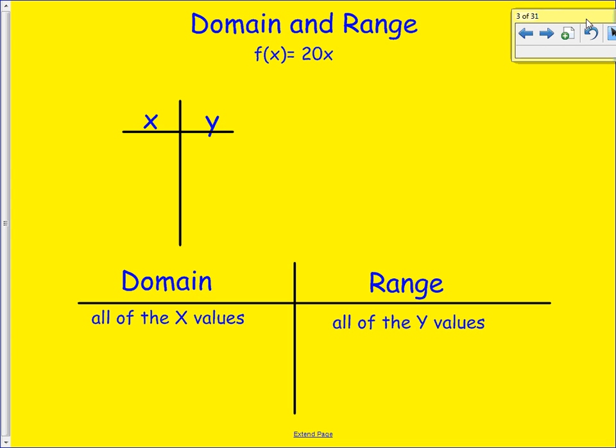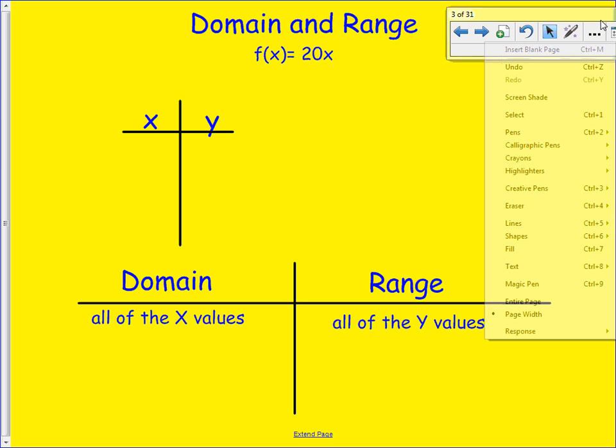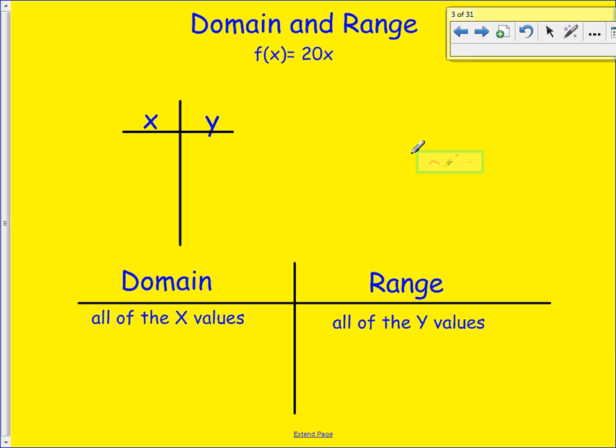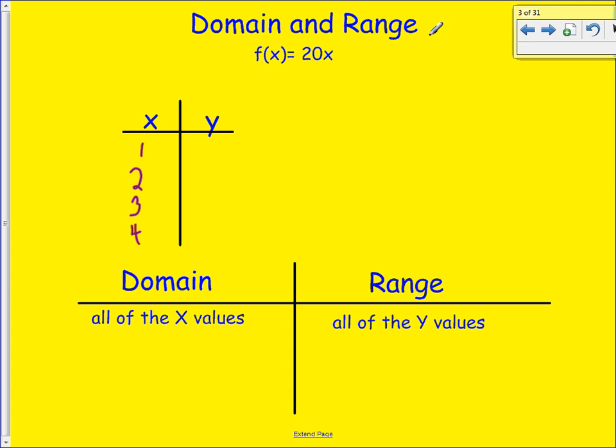Domain and range. You guys want to do the domain and range? Or are you about sick of domain and range at this point? Okay, let's just go ahead and do it real quick. I want to choose some numbers, 1, 2, 3, 4, for my domain. How do I get my range once I'm given a domain? Multiply.